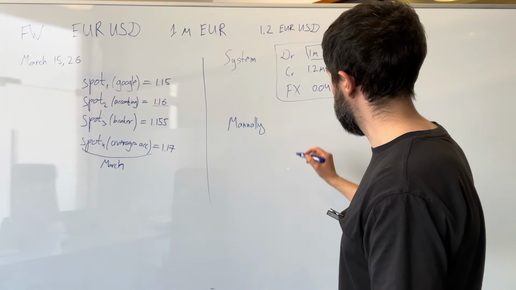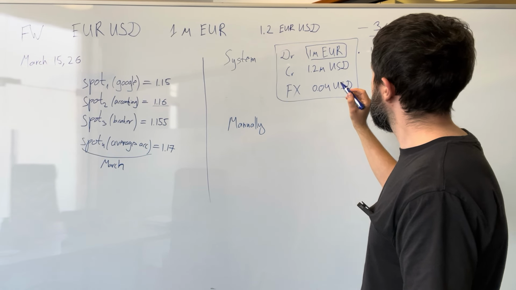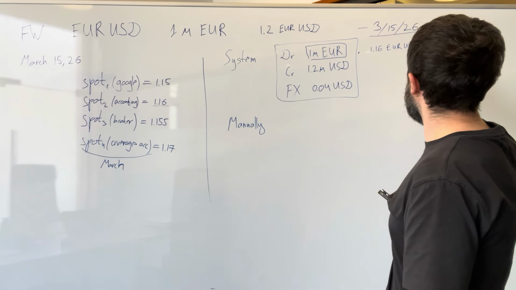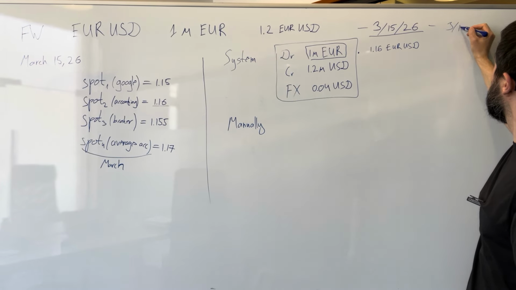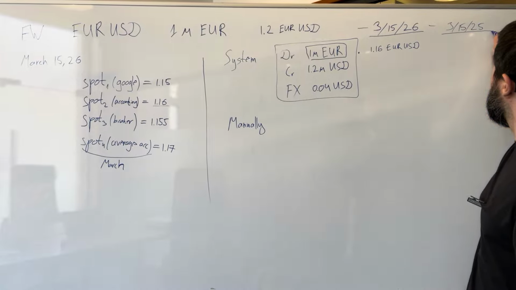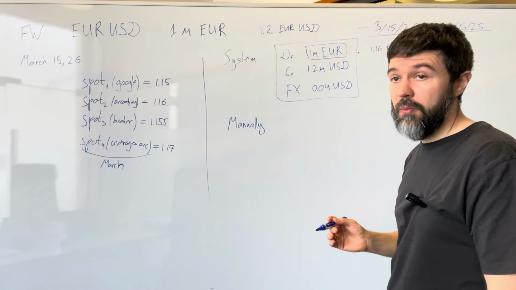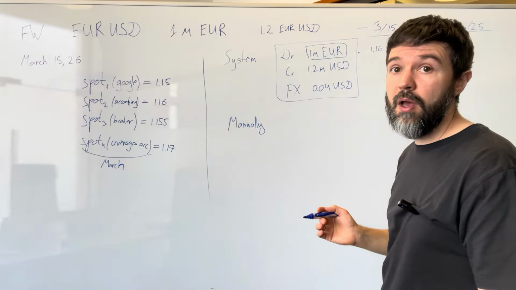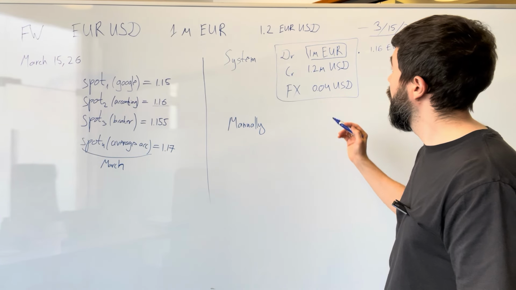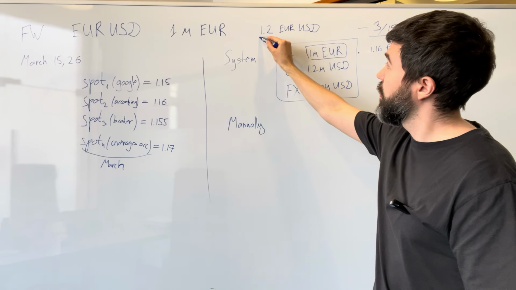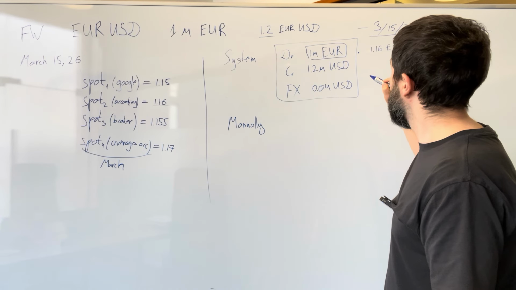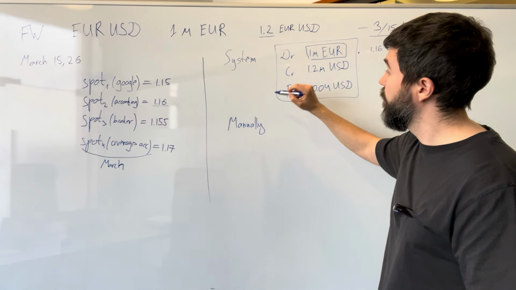You manually do an additional entry, because your idea at the beginning, 1 year ago, remember, it was 3.15.25. You discussed with the Treasury Committee, with the Hedging Committee, wherever the structure you have, that your operating expenses in March 2026 are going to be 1,200,000.